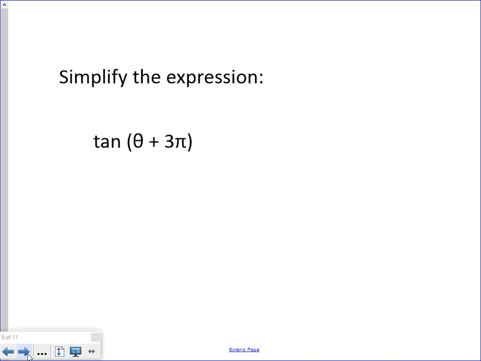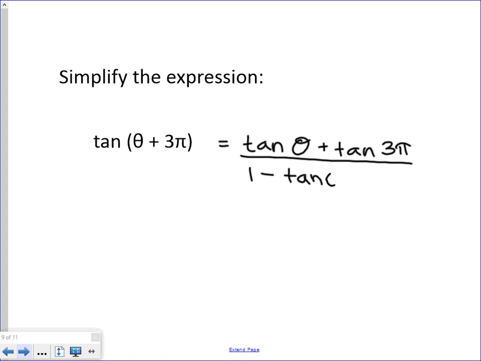So plug in. Since this is the sum of two angles in the numerator, if I follow my formula, I should do the tangent of theta plus the tangent of 3 pi. And then in the denominator, follow my formula: 1, change the sign, minus tangent of theta times tangent of 3 pi. Are we okay with that substitution?